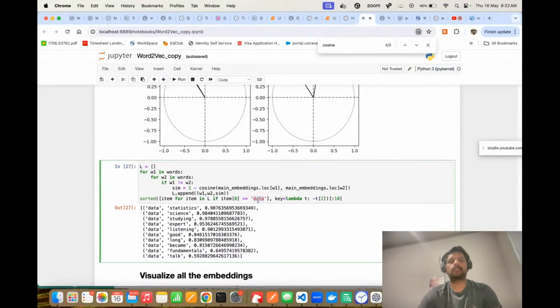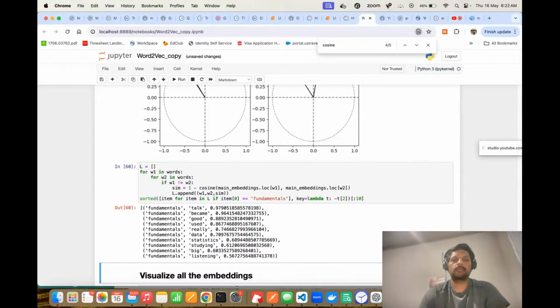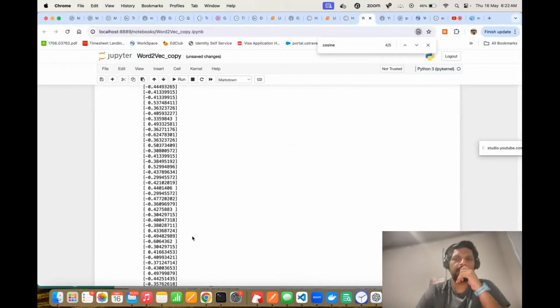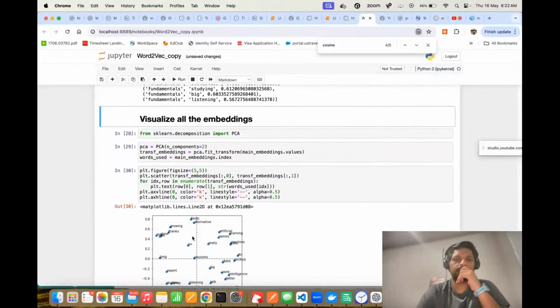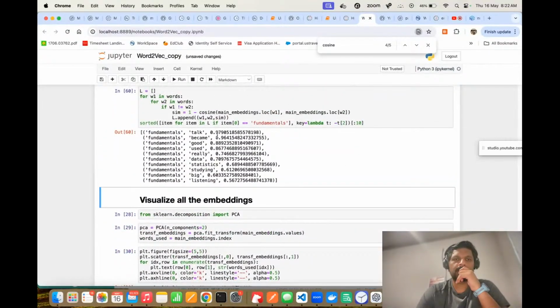Instead of data, let's say we look at fundamentals. As we have printed fundamentals, oh, I need to go a long way. And data and science, system. Learning by fundamentals and learning.